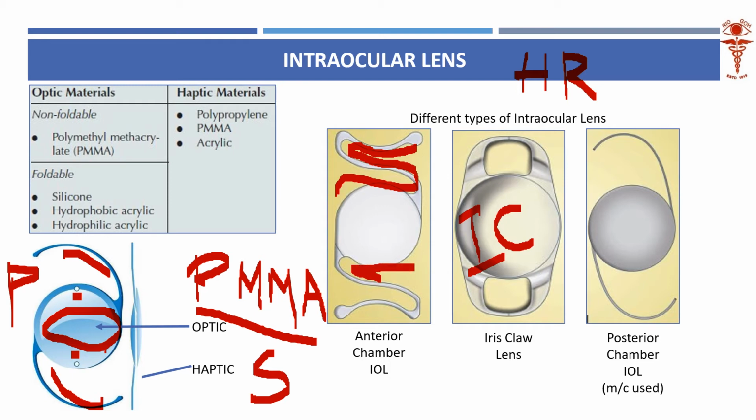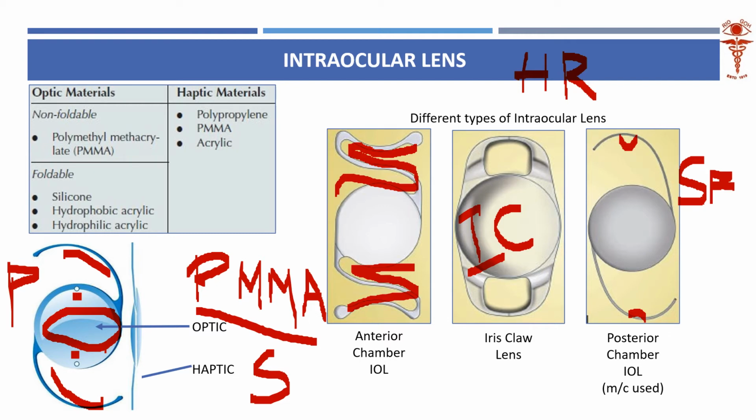Anterior chamber intraocular lenses, this kind of iris clip lenses, and a special posterior chamber lens which has two eyelets here, which is used to suture to the sclera. This is called a scleral fixated lens, scleral fixation lens. So these are the three lenses which can be used in a patient whose posterior capsule is ruptured.